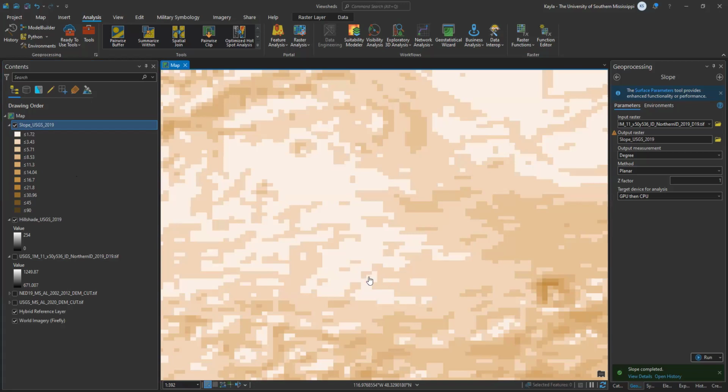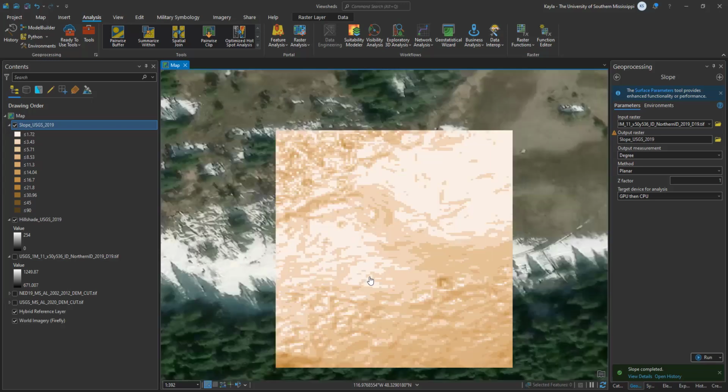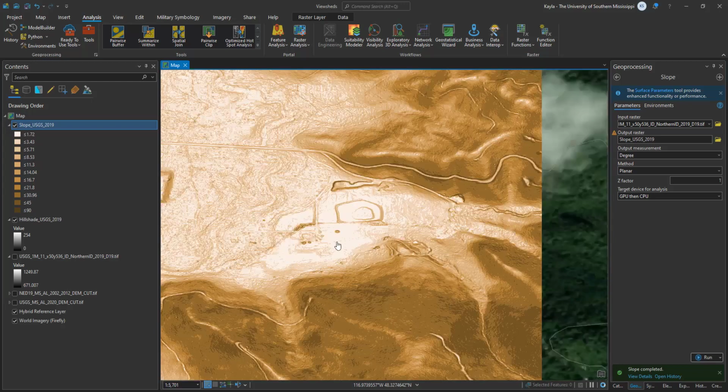So how far down is it compared to something else? Turn that into degrees. Essentially, it's just doing trigonometry and figuring out what that slope is in 3D. Now you could actually turn this into a 3D image. We're not going to do that right now. We're going to save that for another time, but this can be turned into a 3D image as well. So that is slope and hillshade to take a look at.